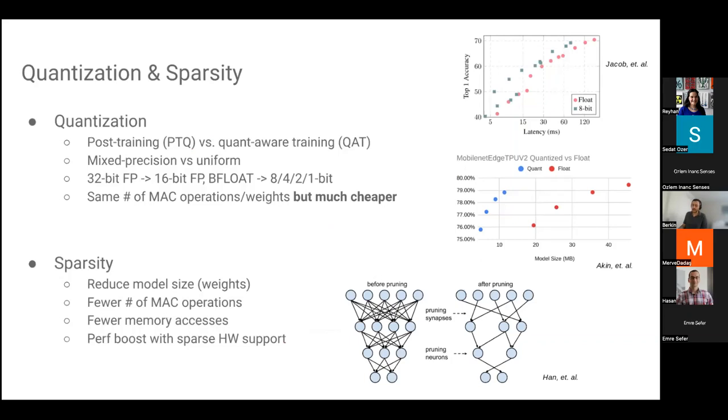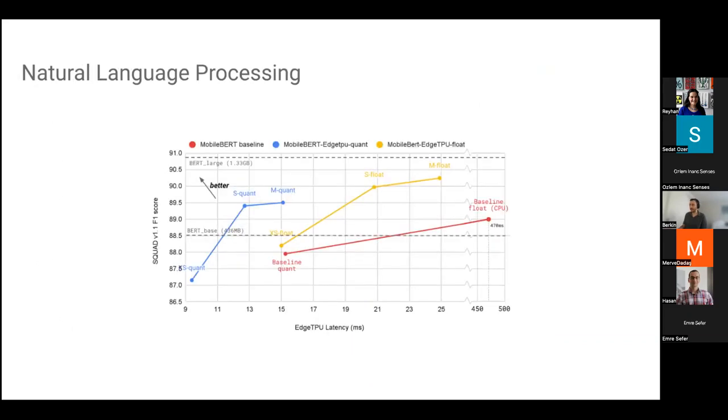There's actually a lot more opportunities to optimize for the edge AI accelerators. I'm not going to discuss all of those concepts, but one of the very important ones is quantization and sparsity as well. I just want to mention quantization. Even in this chart, we are seeing quantization in action, right?